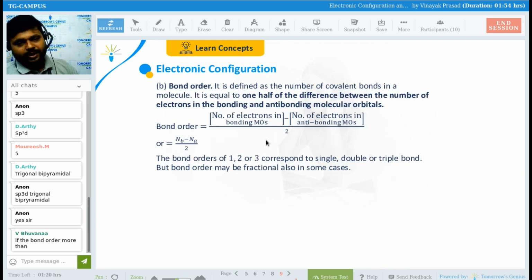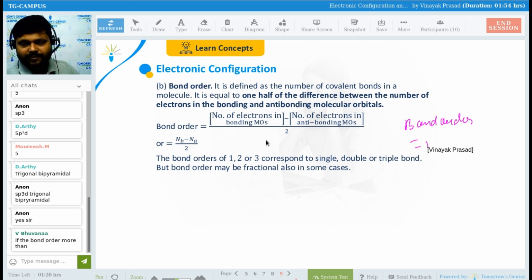Now, how to find the bond order? I have given you the triggers also, at the start of the class. Bond order equals bonding minus anti-bonding number of electrons.